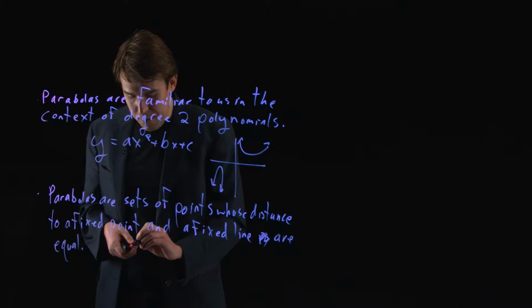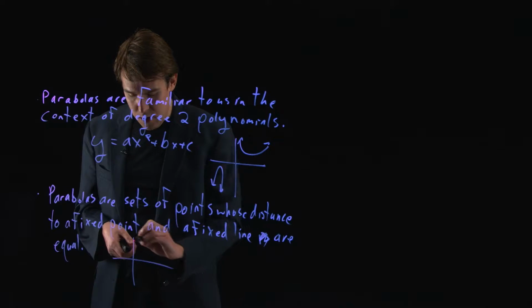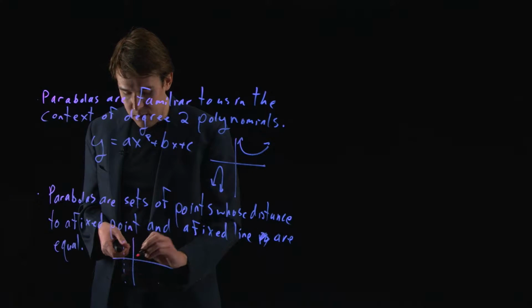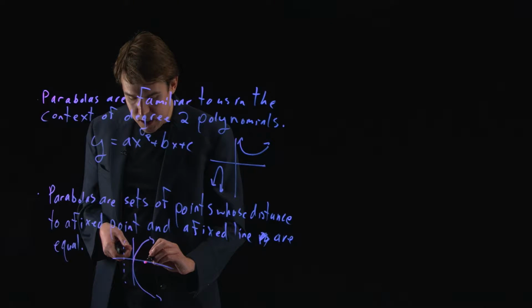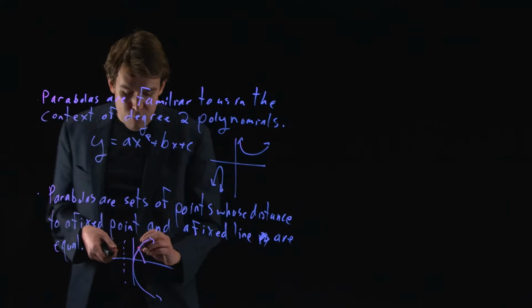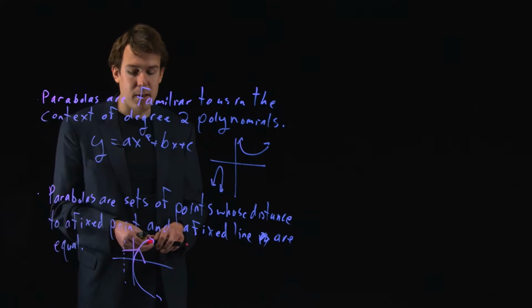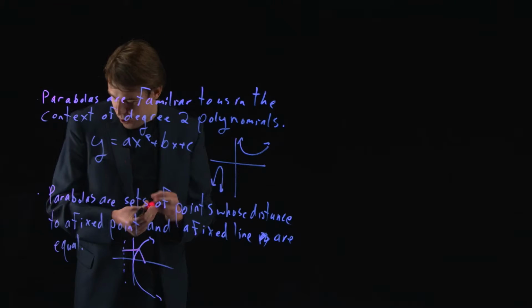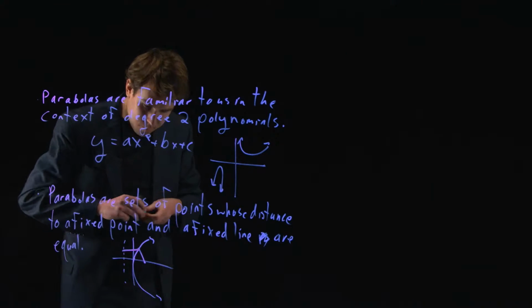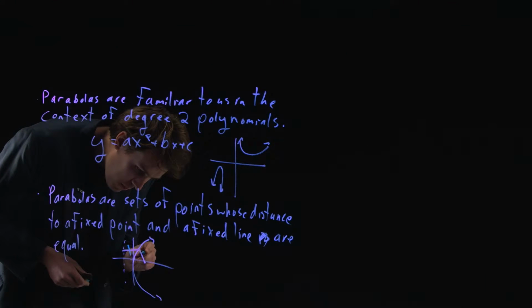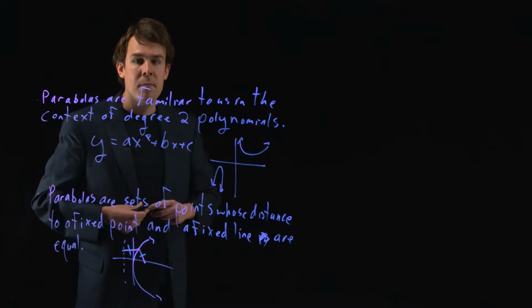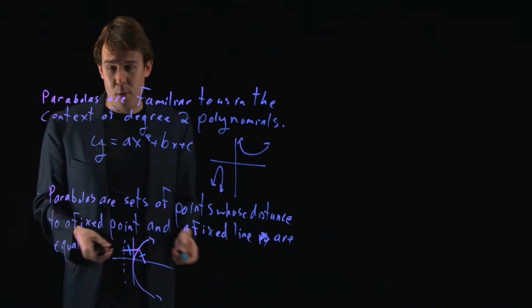So I imagine geometrically that I have some fixed line and some fixed point. And I'm looking for a curve whose distance to the line at every point is equal to the distance to this special point. So the idea would be to have this distance be equal to that distance for every point on the parabola.